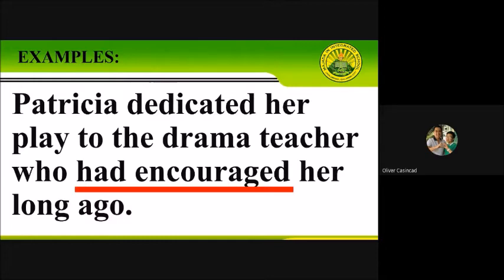So the teacher encouraged Patricia before Patricia dedicated her play to the drama teacher. The teacher first encouraged, then after encouraging Patricia, Patricia went on to pursue the drama, then she dedicated it to her teacher.